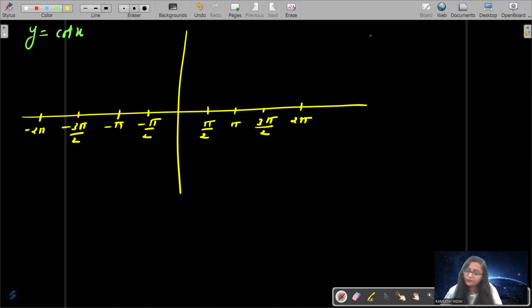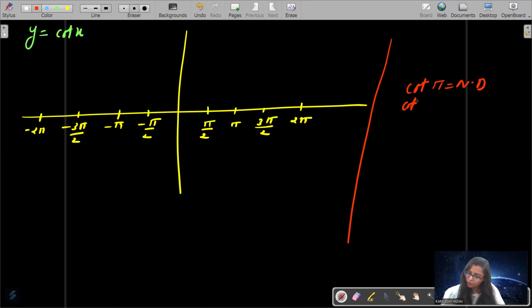Okay. Then we know that cot of pi is not defined, and cot of 2 pi again is not defined. Same for cot of minus pi, which is not defined, and cot of minus 2 pi, again not defined.